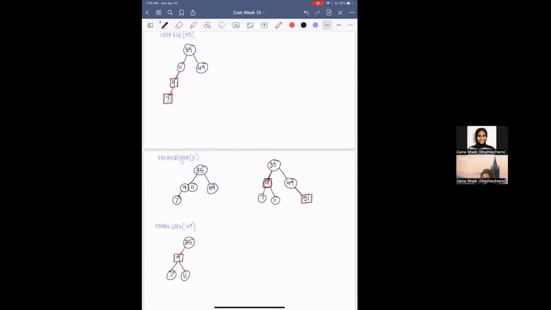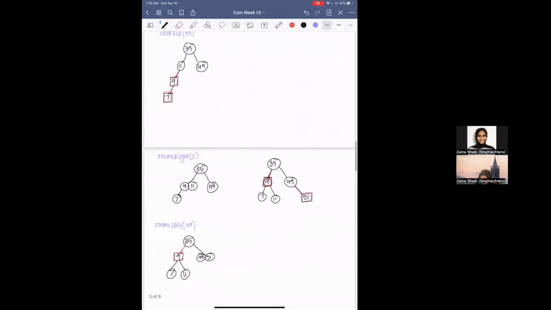So to rotate left, we can do our sub-step first. So 49 and 51. And then we would put 51 as the parent, and then 49 as the child.